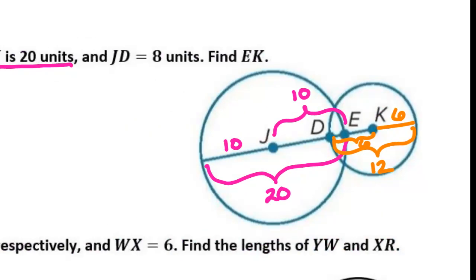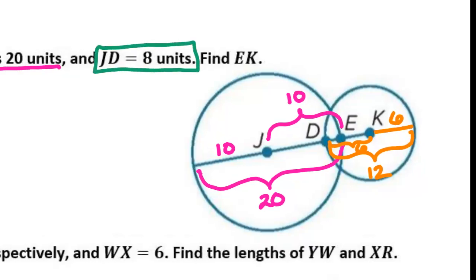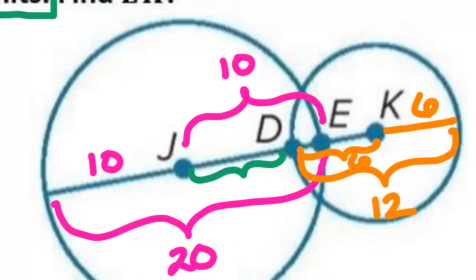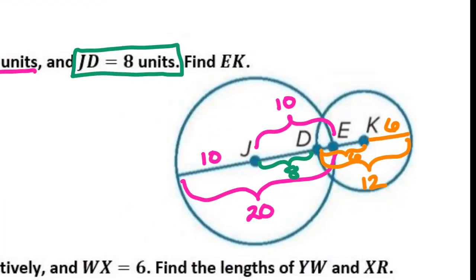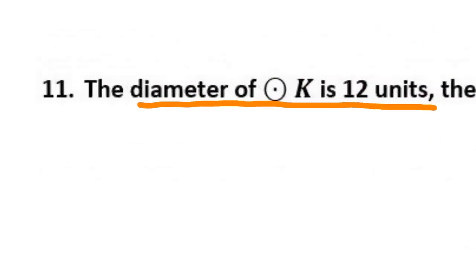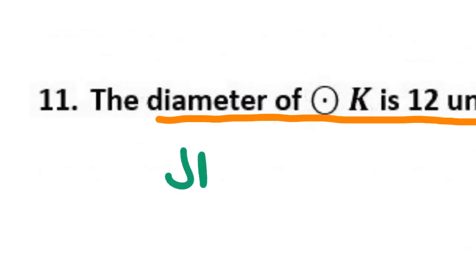And then the other piece of information they gave us is that JD is 8 units. This right here is 8 units. And we're supposed to find the distance from E to K, correct? All right, so let's look at this real quick. From J to E is how big? 10.